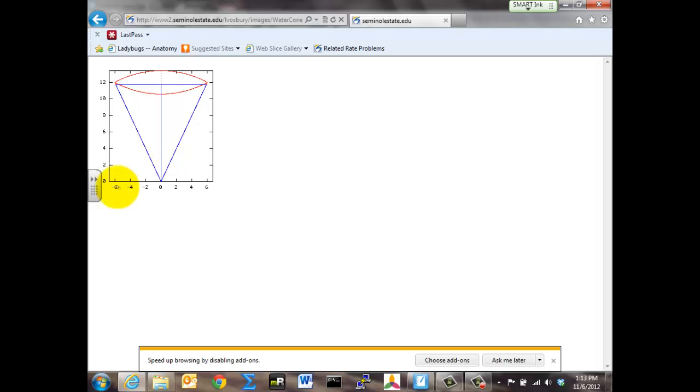The slower it looks like it fills up. Would you agree with that? Down here at the bottom, it looks like it's filling up really fast. But the closer you get to the top, it's filling up more slowly. Now, we're pouring water in at the same speed all the time. So the rate of the water coming in is the same, but how fast it's spreading out is slowing down.